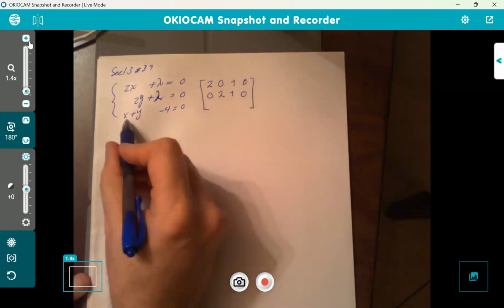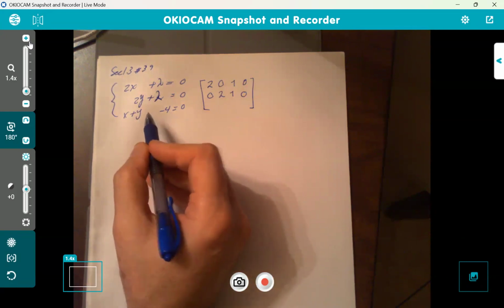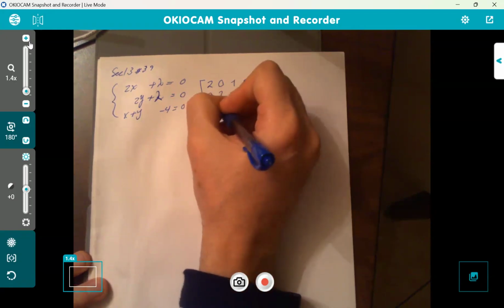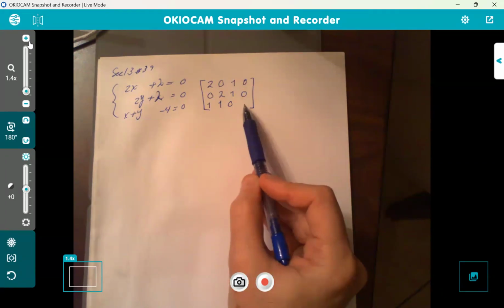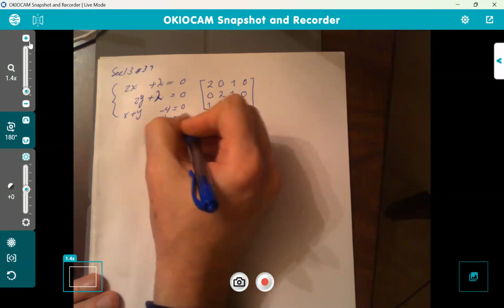And finally, the last equation, notice there's no lambda here. So for this one, it's going to be 1, 1, 0, and what is the constant going to be? Is it going to be -4? I mean, positive 4. I think 4, yeah. It would be 4, right? Because the constant, you move it to the other side.